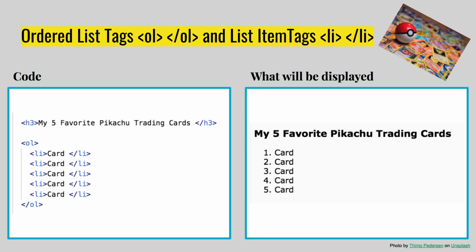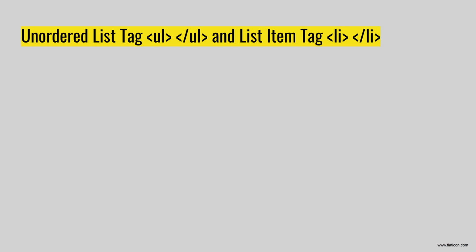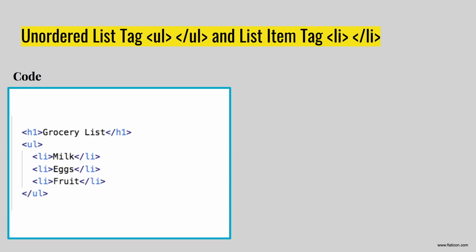And then we also have an unordered list tag and list item tags as well. So this is another way to make a list. I'm going to use an H1 for this one, and it's going to be a grocery list, okay? So I have the unordered list opening tag, and then I have an unordered list closing tag, and I have my list items here.